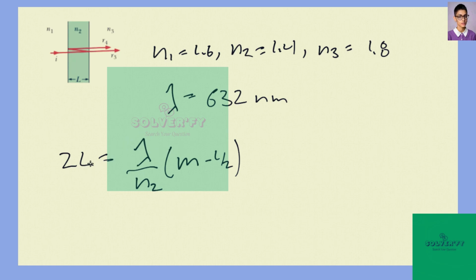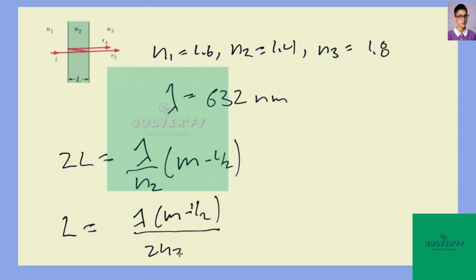All we have to do now is solve for L, which just means divide by 2 here. It's going to be lambda times m minus 1/2, over 2 and N2. And since they want the second smallest thickness, well, the first smallest thickness is m equals 1.